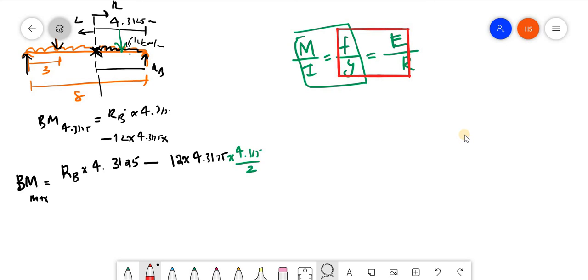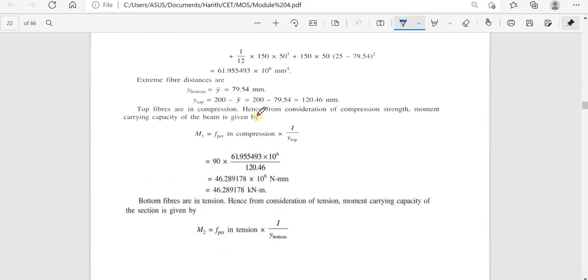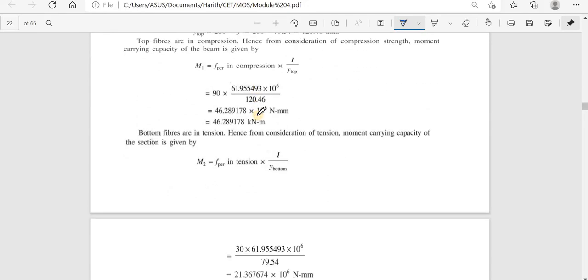Then only can we substitute in these equations and find out the values. So M by I is equal to F by y is equal to E by R. First identify the question, and next find out the answer. With this we will be completing the first half of our module 4.